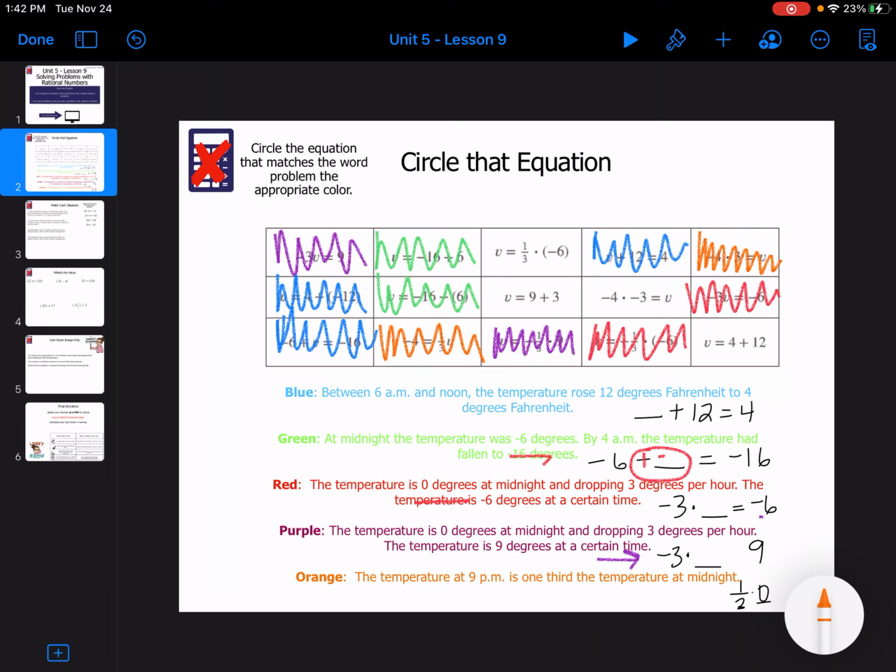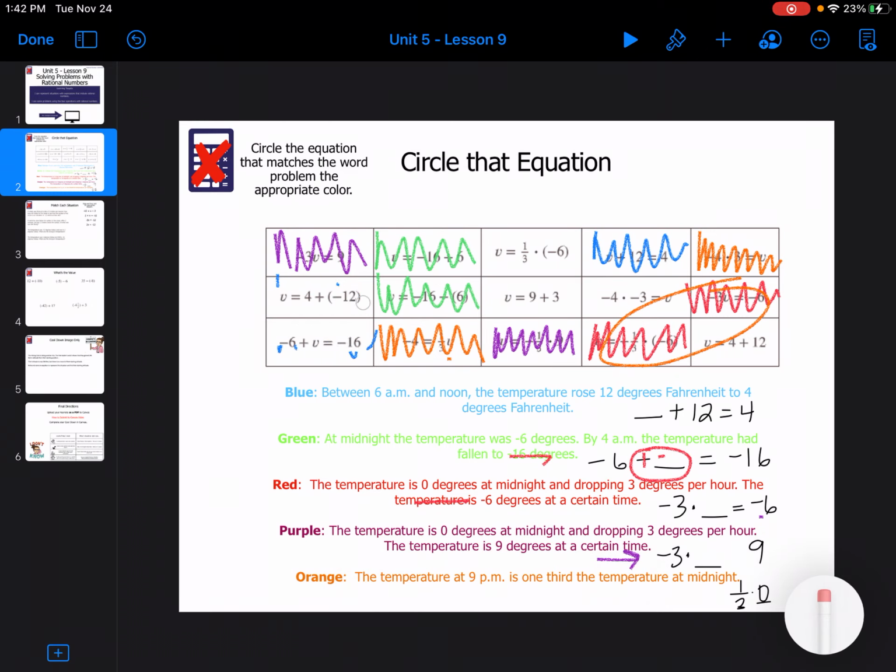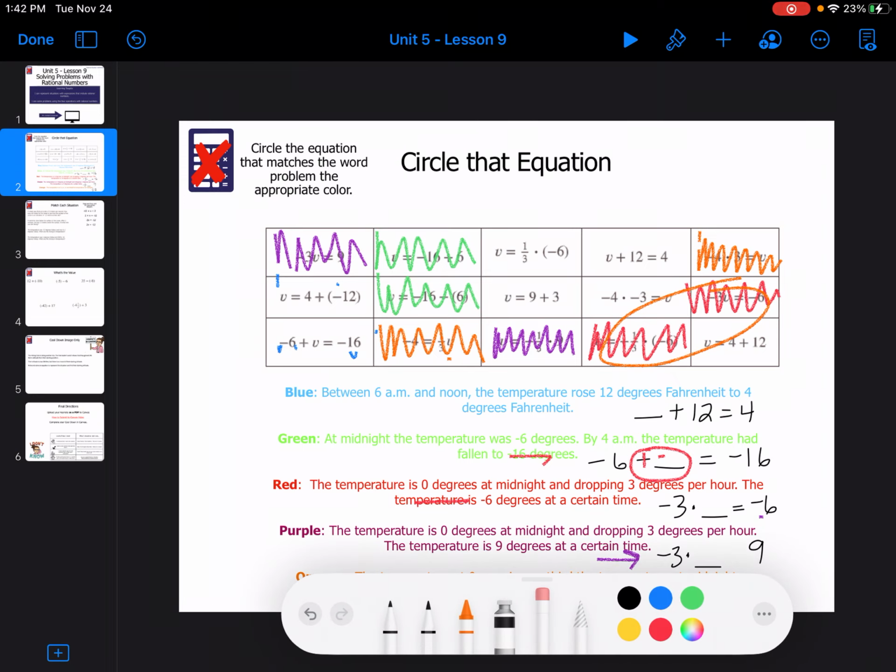So I have 2 reds, 2 oranges, 2 greens, 2 purples, and 3 blues. So something's wrong with my blues. So I need to go back and double check. So if I look, let's see here. So something plus 12 is going to equal 4. That'll work because I could have a negative whatever. So this one is definitely blue.